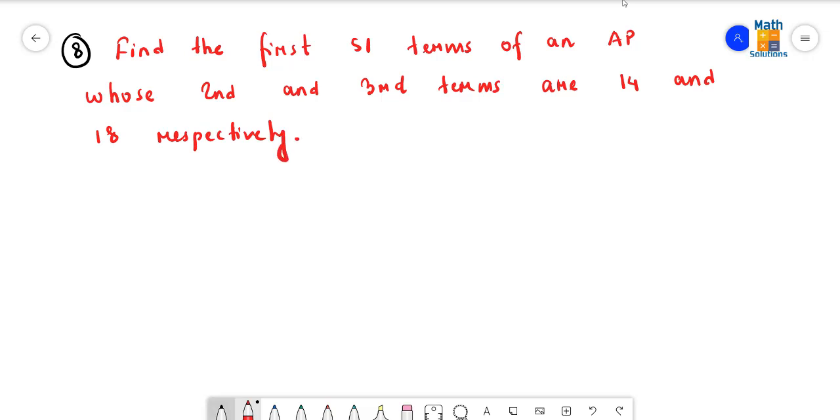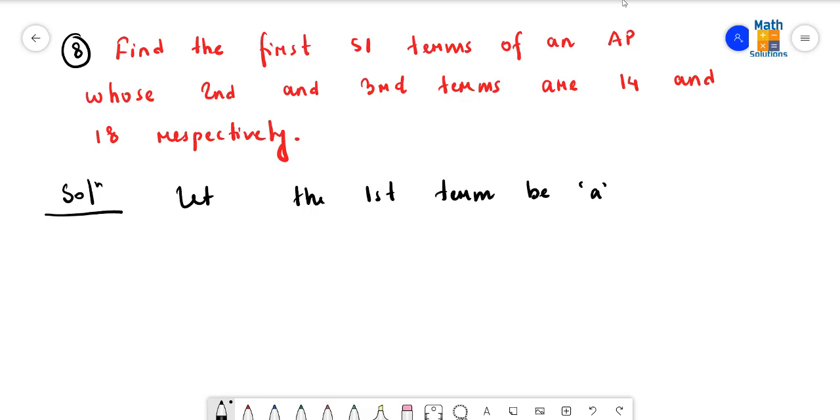So coming to the solution part, neither the common difference nor the first term is given here. Let the first term be small letter a and the common difference be d.